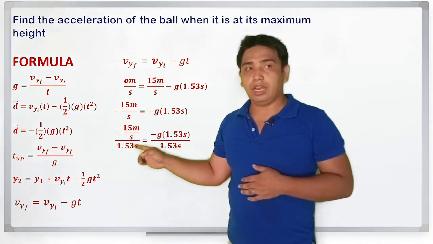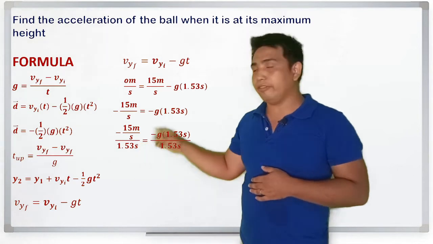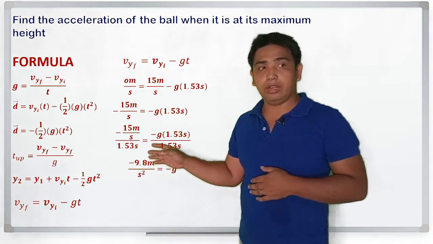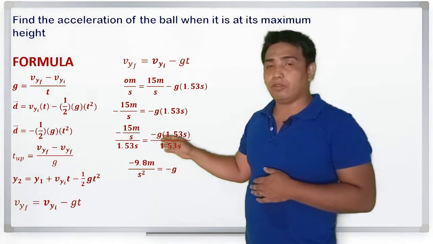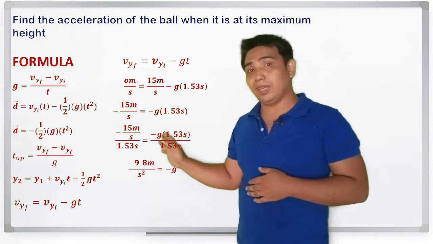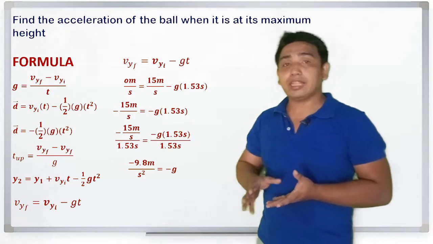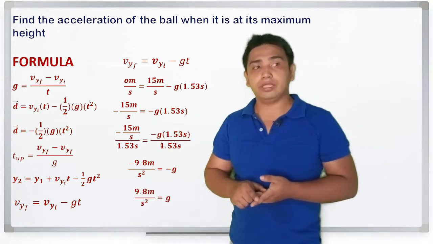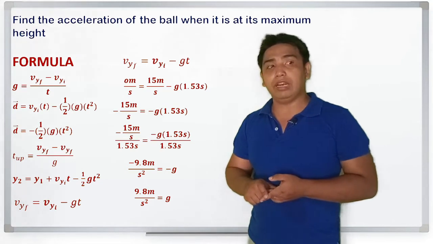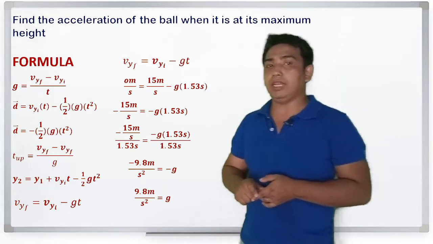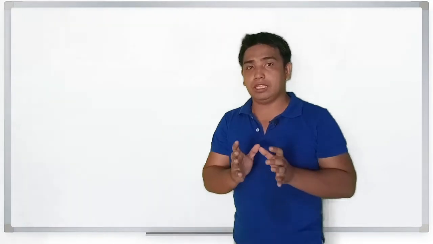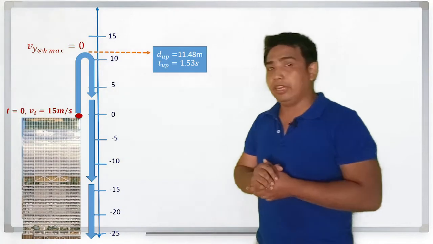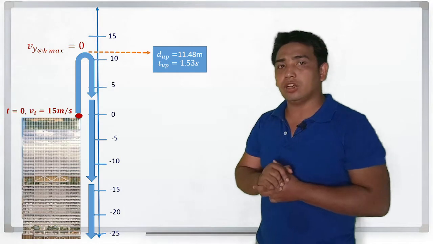So the answer will be negative 9.8 meters per second squared. Alright, so it's equivalent to negative g. And then dividing both sides by negative, the answer is 9.8 meters per second squared is equivalent to g. Alright, so the acceleration of the ball at this point in time is positive because of the direction of the ball.